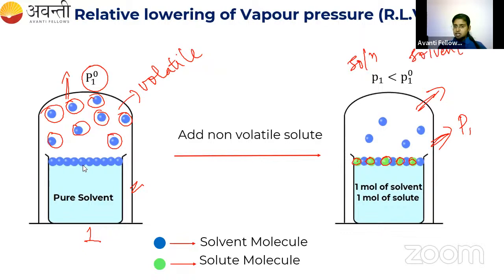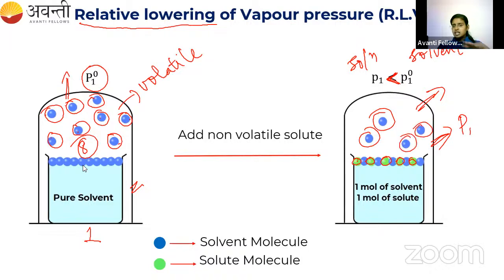So what is happening here? The vapor pressure of the solution is becoming less. There is some relative lowering of the vapor pressure on addition of this non-volatile solute to the solvent. You can see from the numbers itself: 1, 2, 3, 4, 5, 6, 7, 8 solvent molecules are coming here, but here only 4 are coming out.